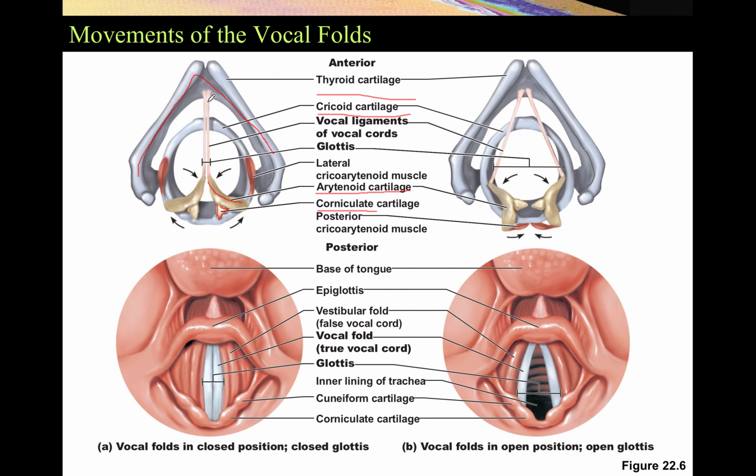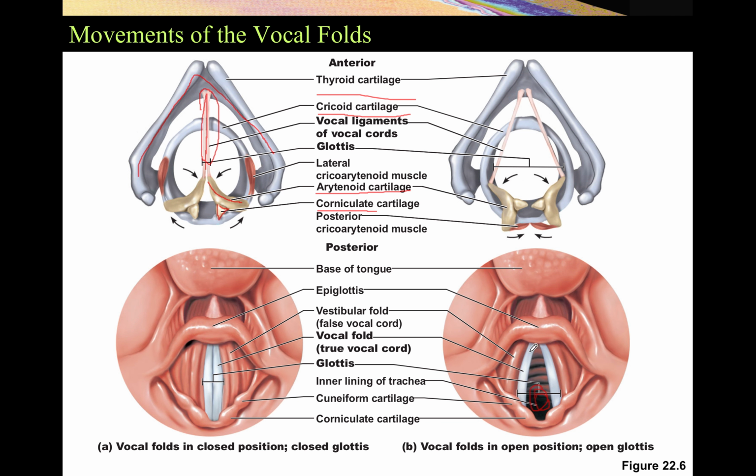Now, notice that there are 2 strings attached to this. These 2 strings here are your vocal cords, and you can see them when all the surrounding tissues are removed, shown in white. The gap you see between them is known as the glottis.